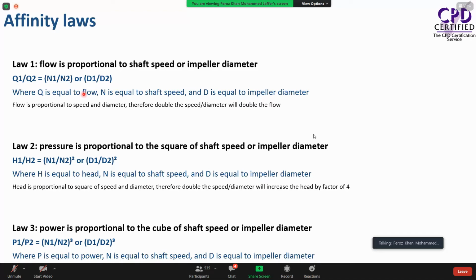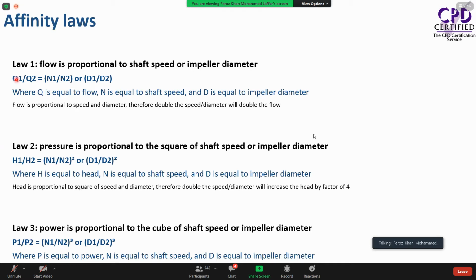As you can read for yourself, law one is flow versus speed or diameter. The flow, which is Q, is directly proportional to the speed or diameter of the impeller. So Q1 by Q2 equals N1 by N2 or D1 by D2, meaning we have a duty point 1 and duty point 2.